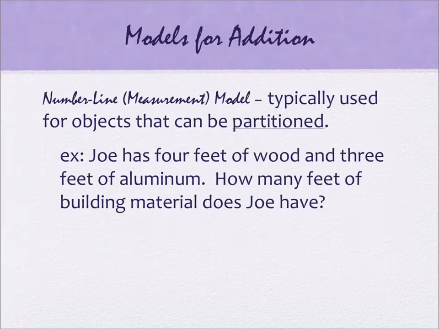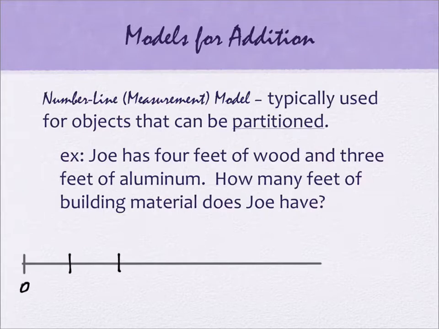So on this one, you can actually count it or think about it from a number line or a measurement perspective. So I start with 0. 1, 2, 3, 4, 5, 6, 7. Okay, and this is just extending it here. I can still draw a visual of what's going on. This one is 4 feet of wood.